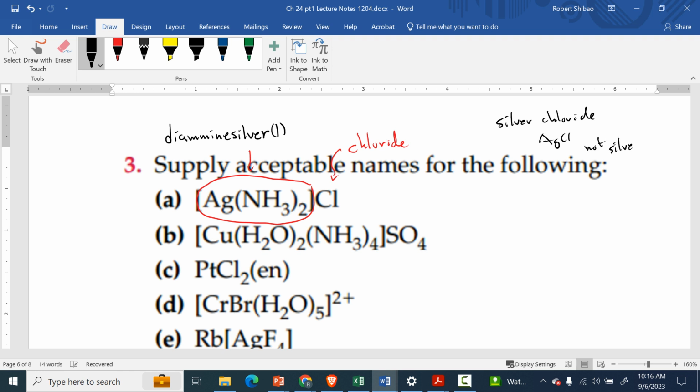Because there's only 1 charge on silver. And what is that charge? +1. But for complexes, we're going to do it. So we wouldn't do this in normal nomenclature. This is wrong. But we'll do it here. So it's going to be diamine silver(I) chloride.